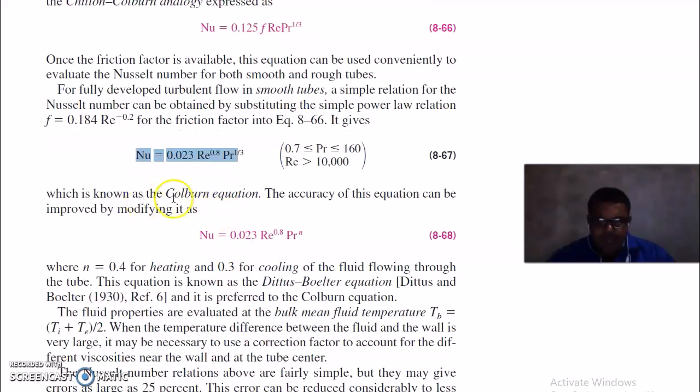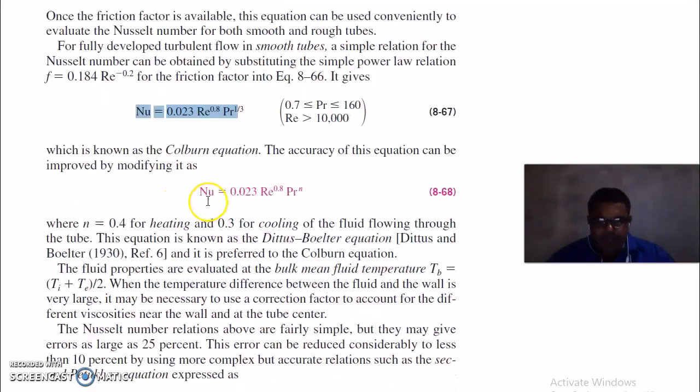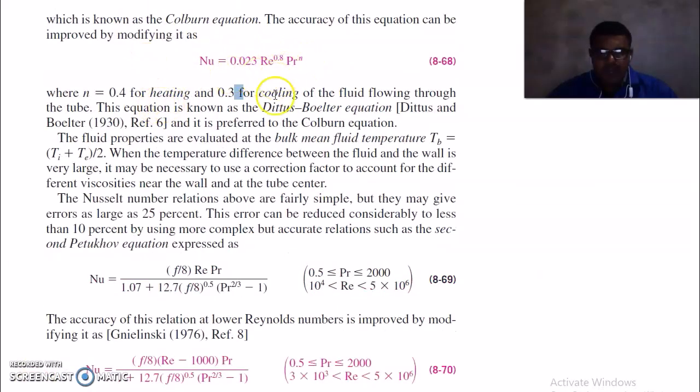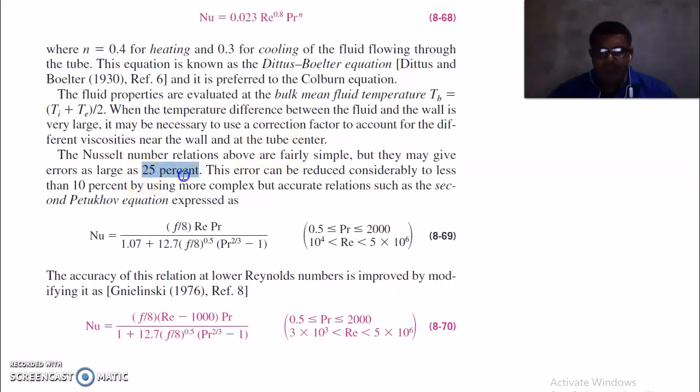The accuracy of this equation can be improved by modifying it, as you can use n equal to 0.4 here instead of 0.33 for heating and 0.3 for cooling of the fluid flowing through the tube. The above equation will give an error of near 25%.